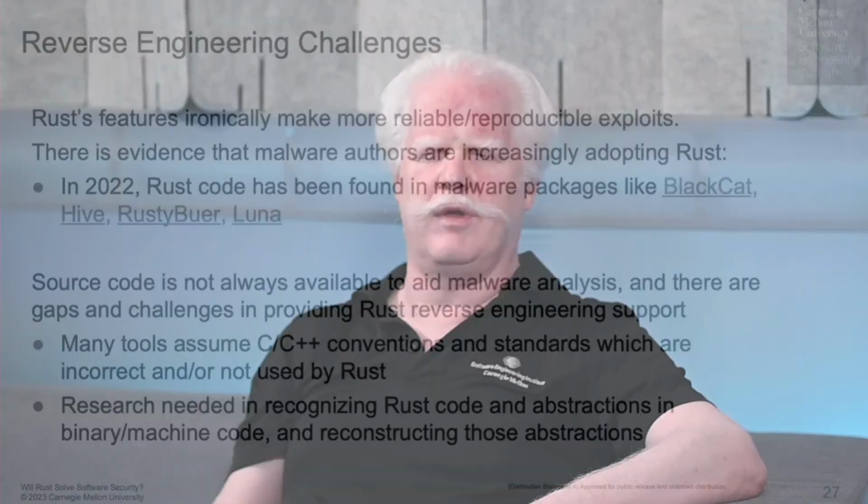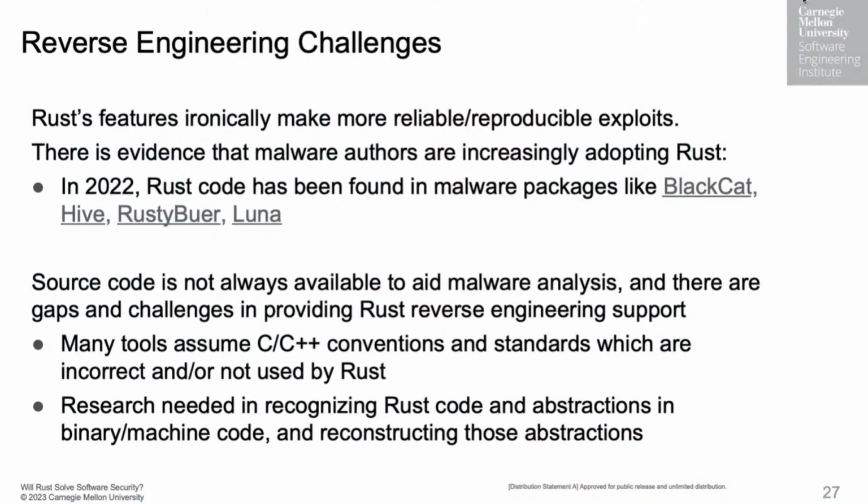We have a lot of experience with reverse engineering C code, but Rust does some things differently than C at the assembler level. For instance, it might reorder struct or class members in order to compact memory more, and C doesn't have to do that. So there are challenges in terms of static and dynamic analysis and reverse engineering tools.